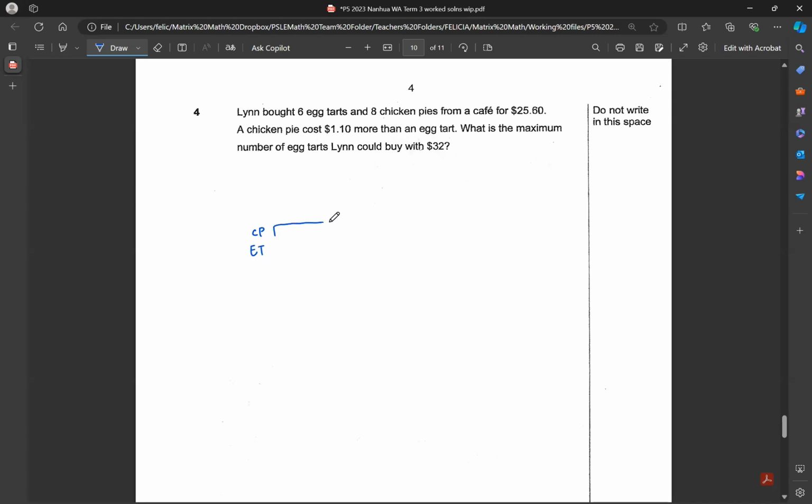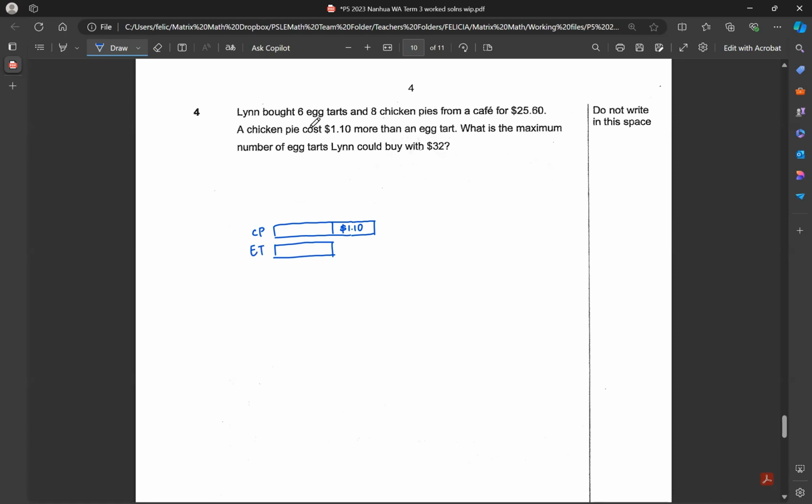Okay, so every chicken pie costs $1.10 more than the egg tart. Okay, so take note, this is one chicken pie, one egg tart.